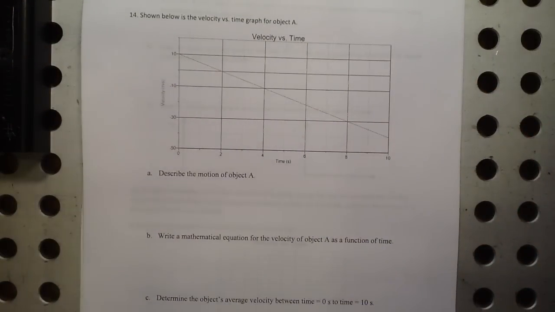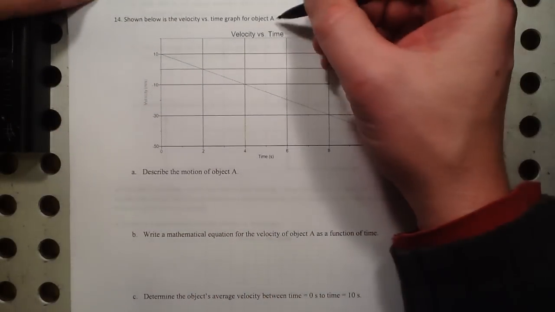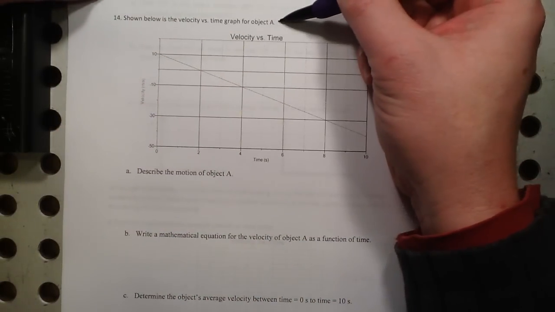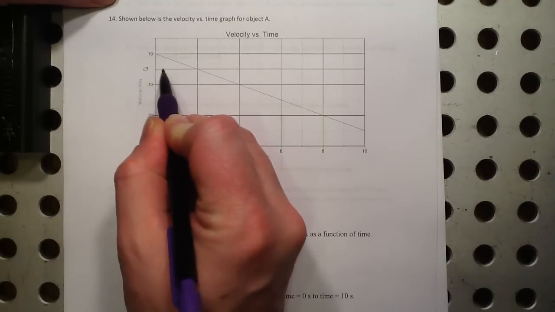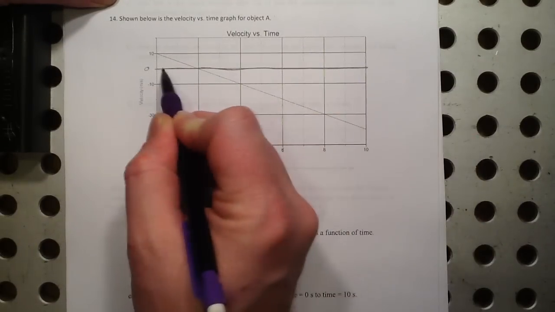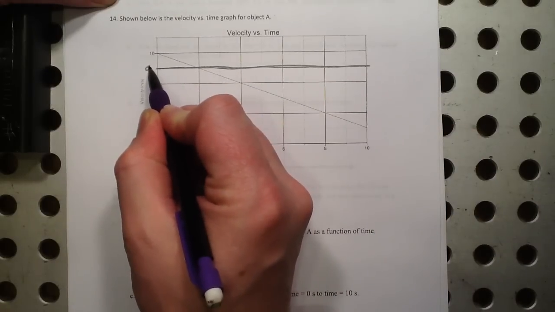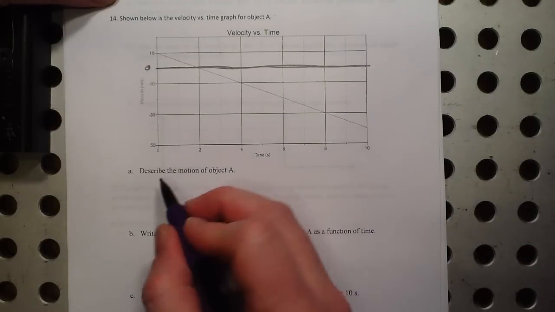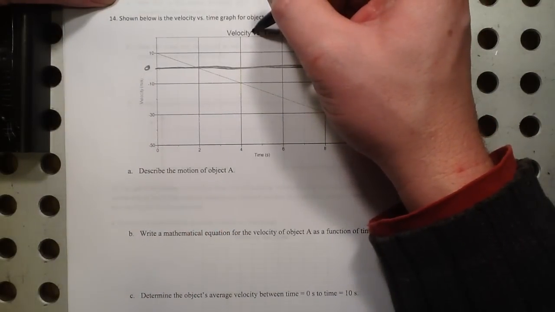And here we have a velocity versus time graph for object A. This is 0 here. I'm just going to not trace over that. You can see that's my 0 there. Describe the motion of object A. Now this is velocity versus time.